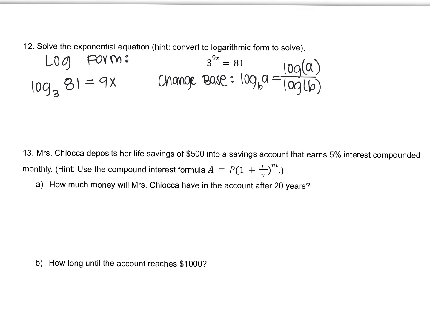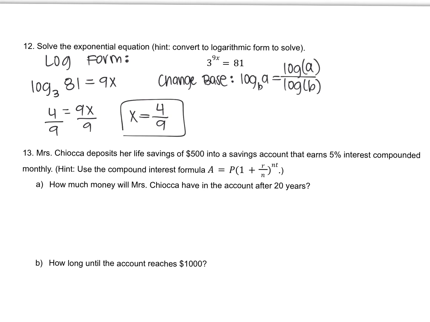So it will become log 81 divided by log of 3. We get 4 equals 9x, and then to finish solving for x, we'll divide both sides by 9, and we get x is 4/9. I am going to leave it as a fraction here.